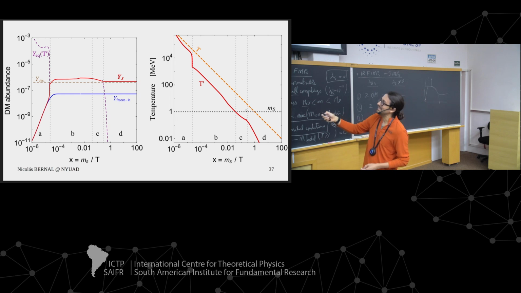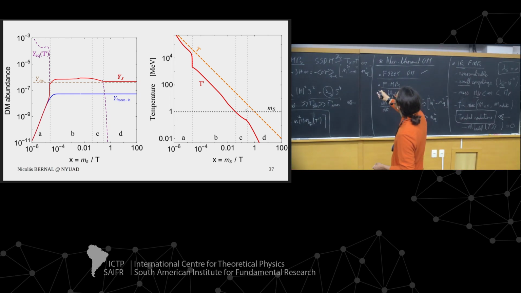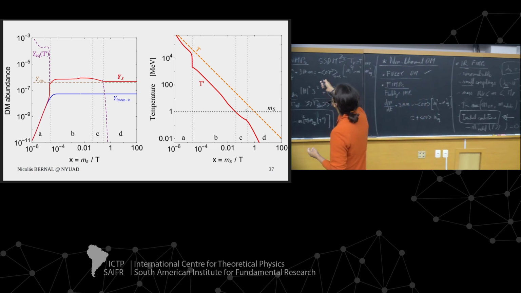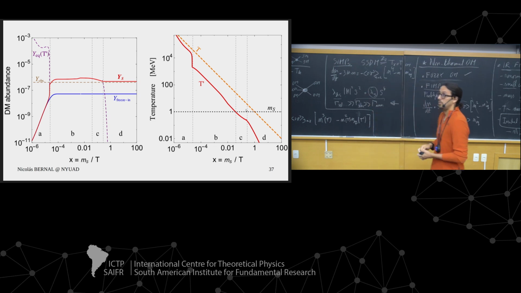This blue dashed line is the equilibrium with respect to the dark sector. It's super weird because the dark sector has a different, complicated evolution of the temperature, but this is the equilibrium. So dark matter has an underabundance with respect to equilibrium, right?